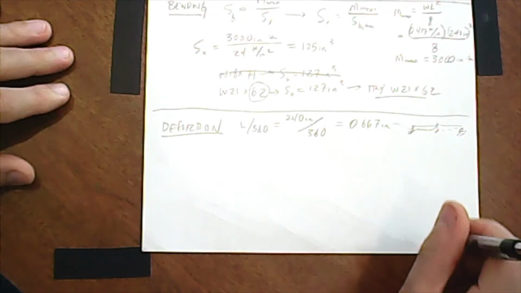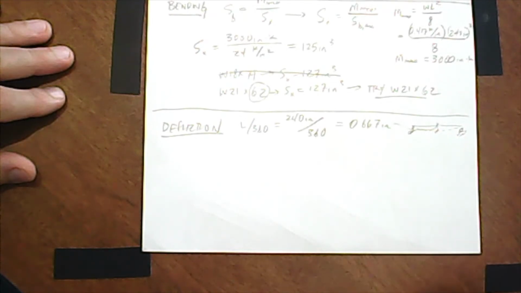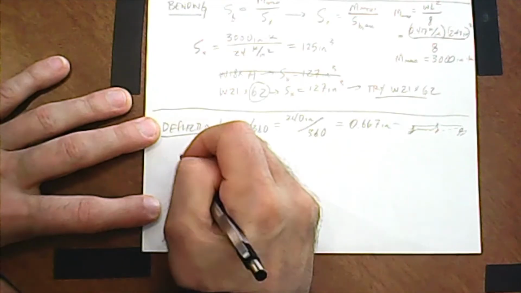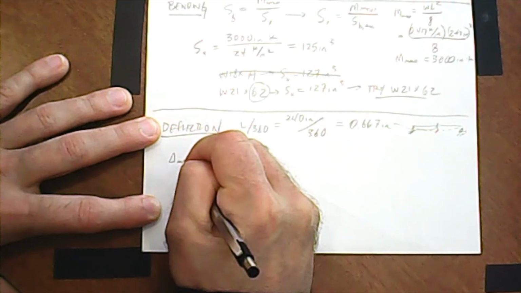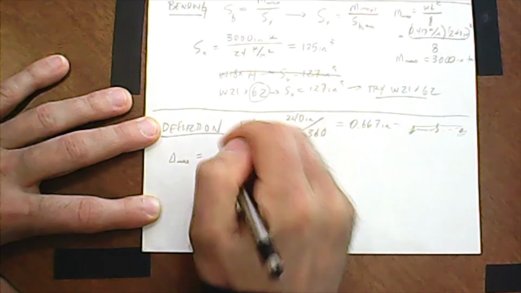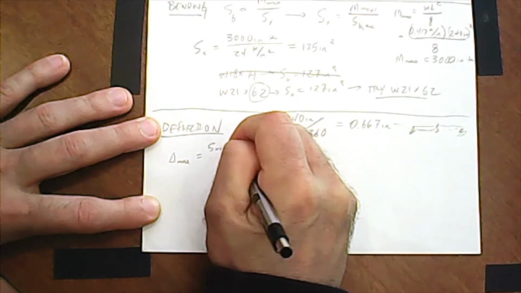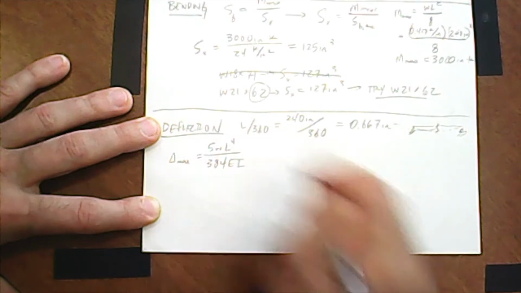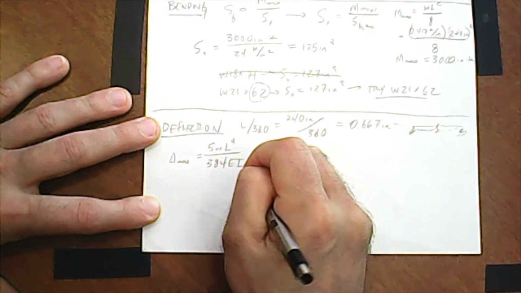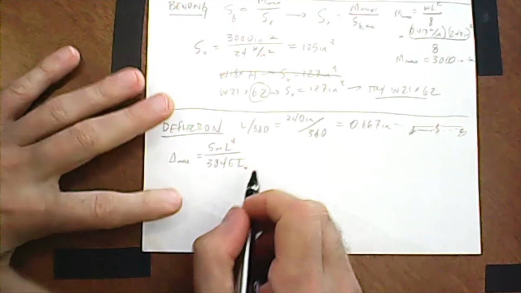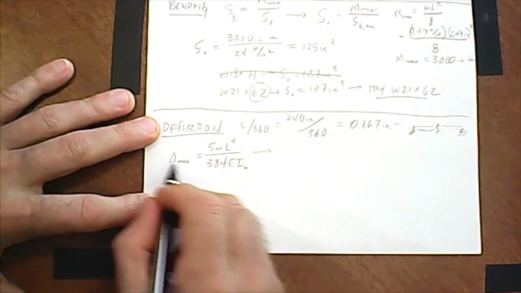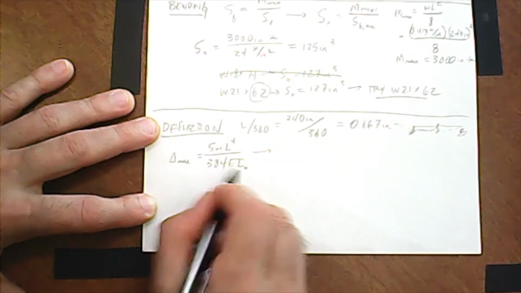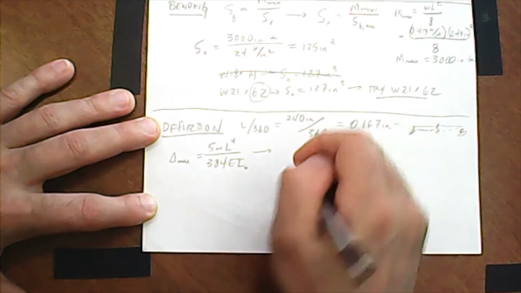Okay, so remember that what I asked for you to do in this case is to solve for I. So we have a delta max equals 5WL to the 4th over 384 EI. Okay? So we're going to rearrange that and solve for the I.